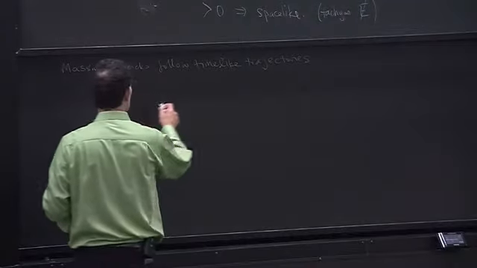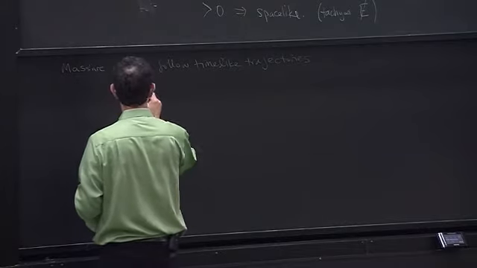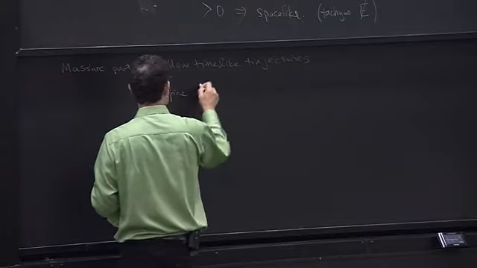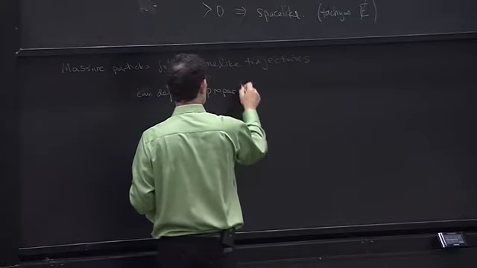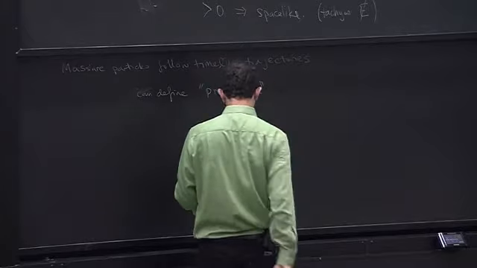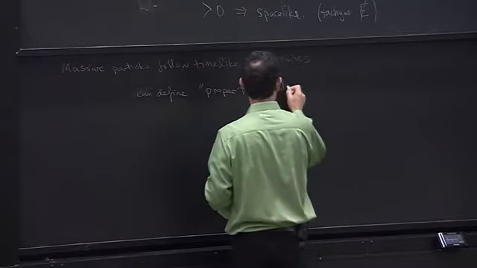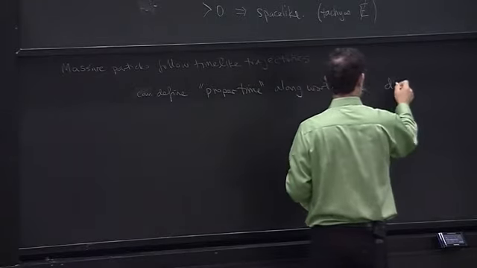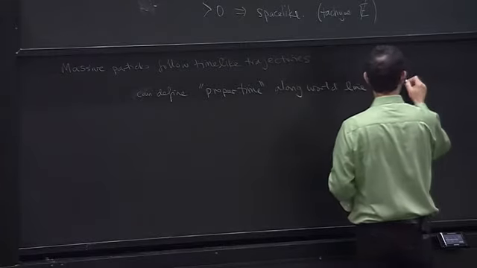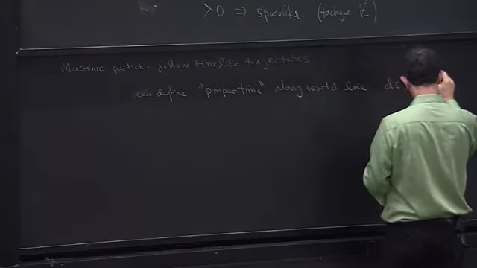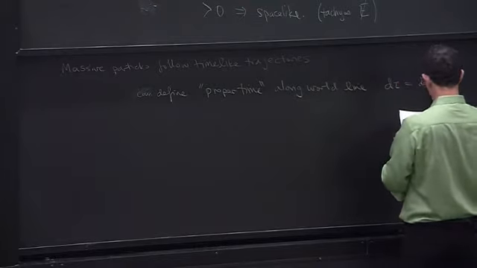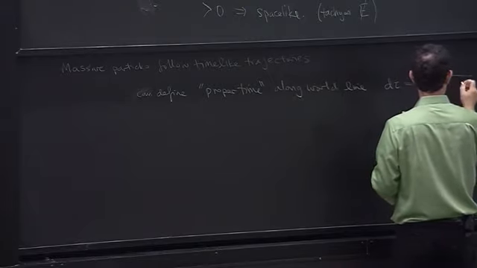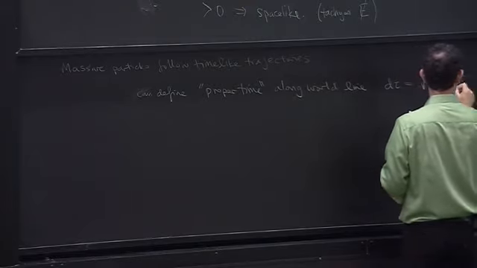For such a particle, we can define the proper time along the world line as follows: d tau equals dt times the square root of 1 minus dx squared over c squared dt squared, that is, the square root of dt squared minus dx squared over c squared.